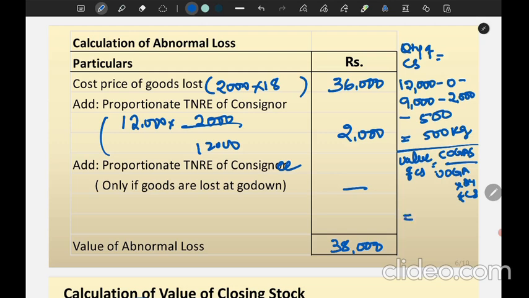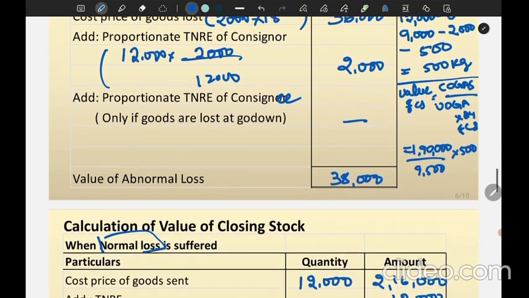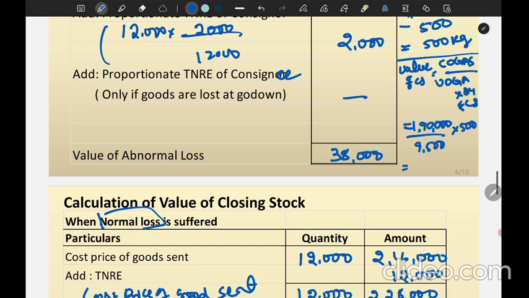That is equal to 1,90,000 divided by 9,500 into 500.